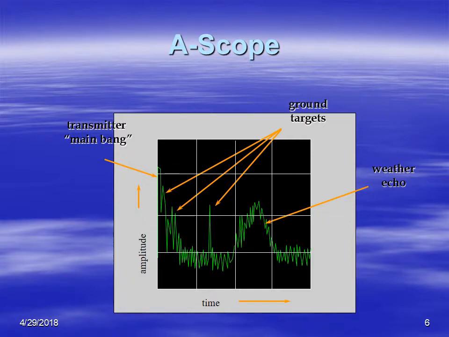The weather return will look kind of fuzzy because there are a lot of little raindrops or crystals or other hydrometeors in a cloud, and they're constantly moving. So it looks like that green line is kind of moving and kind of fuzzy. Actually, the ground targets don't really move all that much, and they're usually pretty solid. So it's easy to tell weather echoes from ground targets.